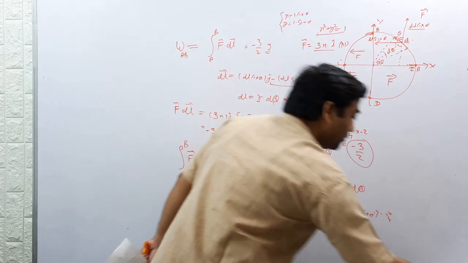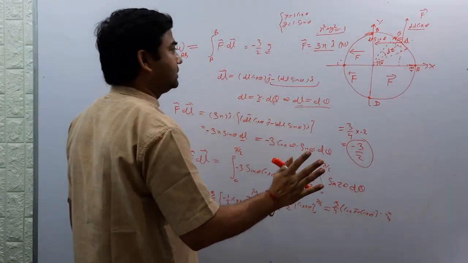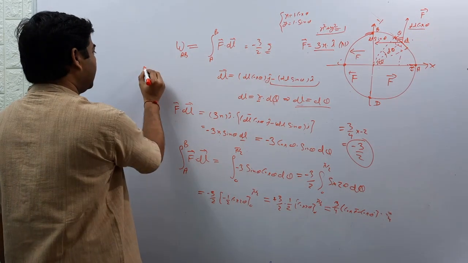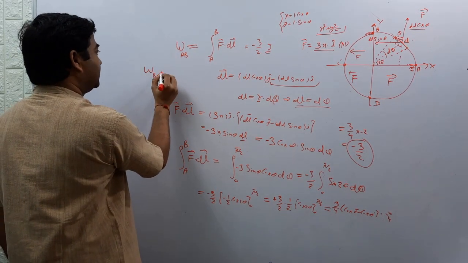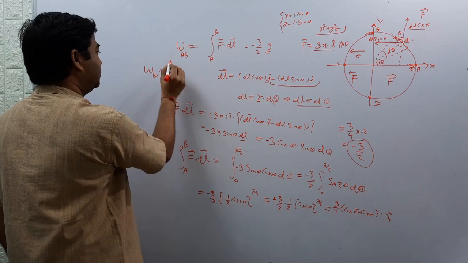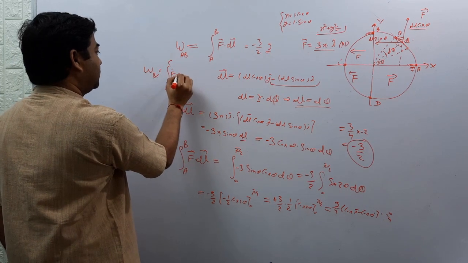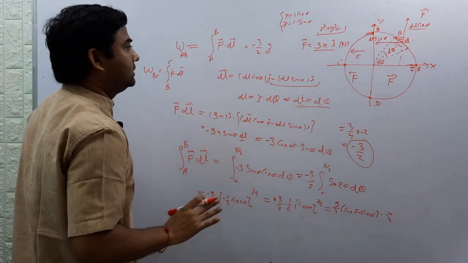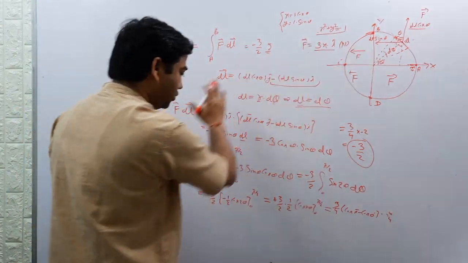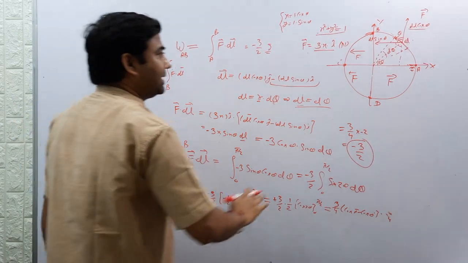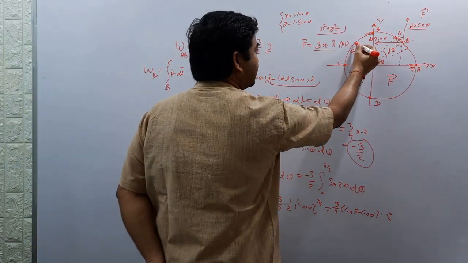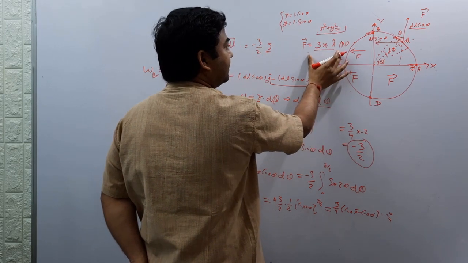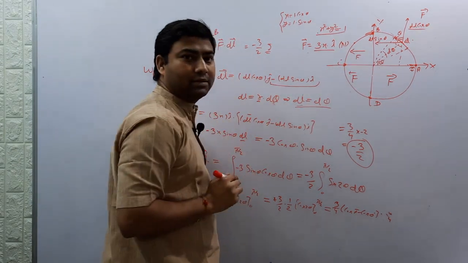So we will take another example, from B to C. WBC is equal to the integration from B to C of F dot dl. When you find B to C, the whole operation is the same, except that in this quadrant the direction of F is toward the negative side.